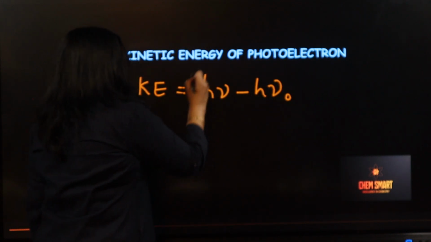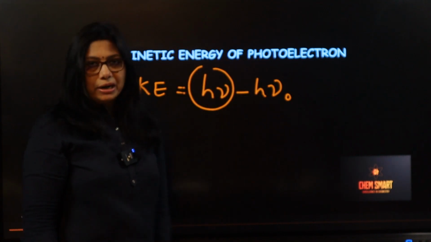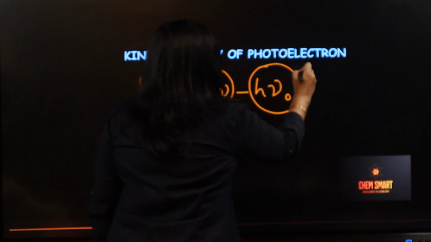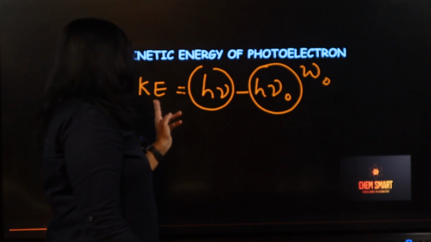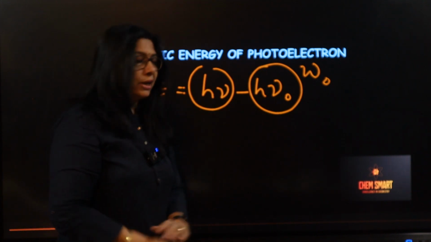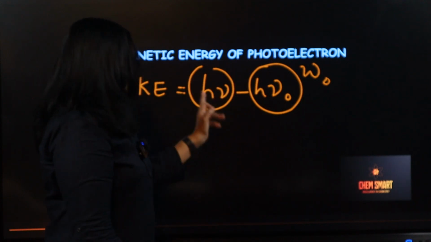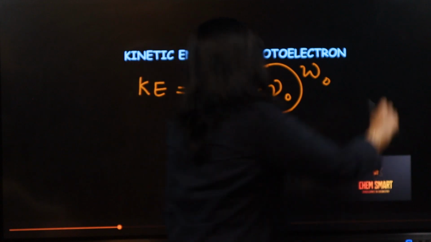Here h nu is the energy of the incident light, that is h into C by lambda. And h nu 0 is known as the work function of the metal. So, kinetic energy, which is half m v square, is equal to h nu minus h nu 0.